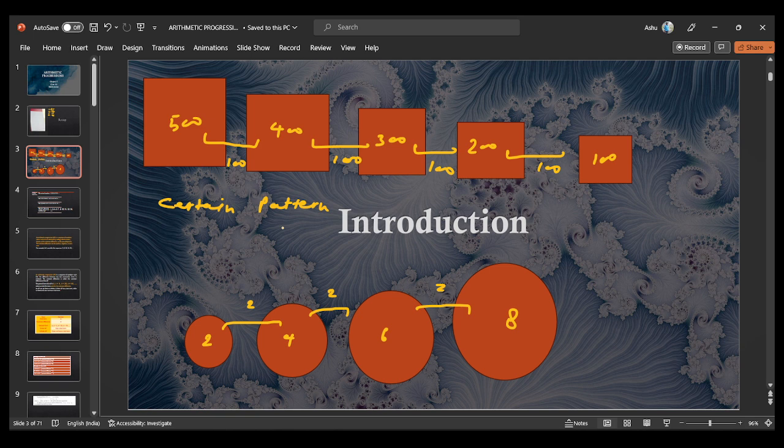All are the same, but some are small, some are big. There are many rooms in a classroom, in a school. You will get the same structure, the same pattern, in our day-to-day life. Clear? Those things come under arithmetic progression.